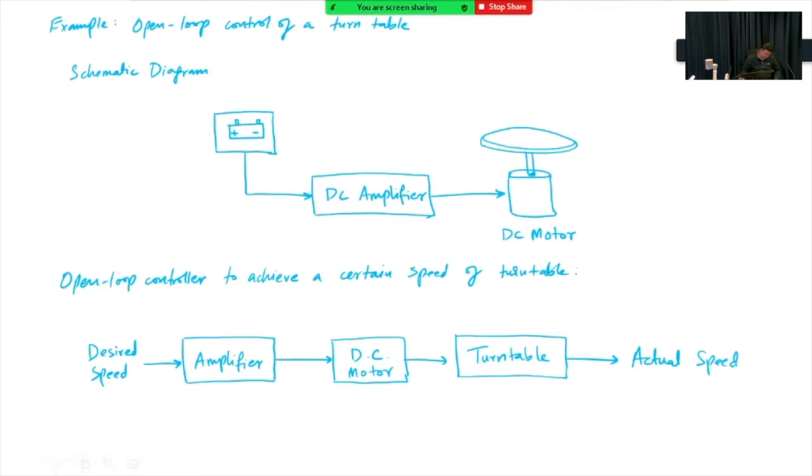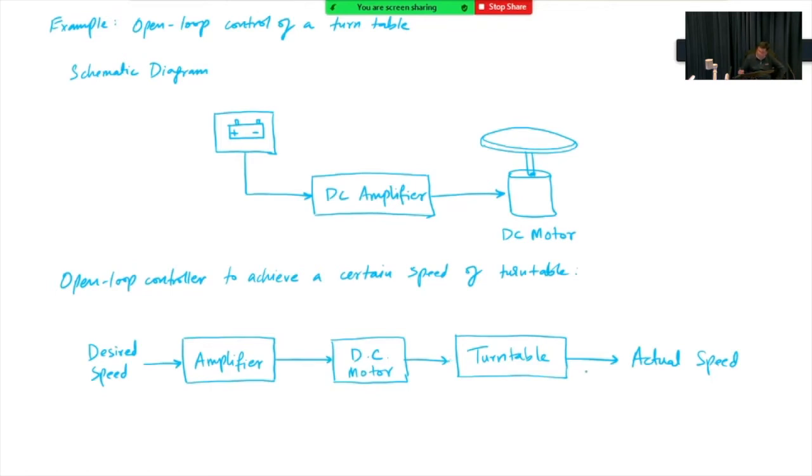Again, you can relate it to the seat reclining in your car. When you press the button, you actually achieve a reclining speed, but you really can't ensure that you've achieved a desired speed. It depends on how good the motor is and whether it does the job or not.